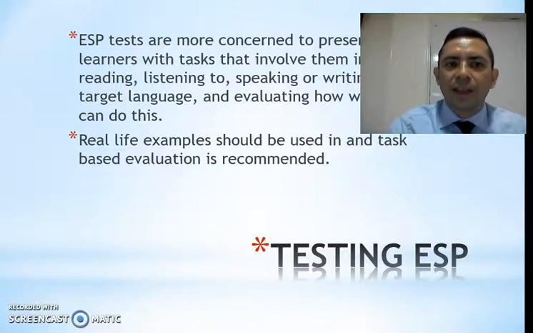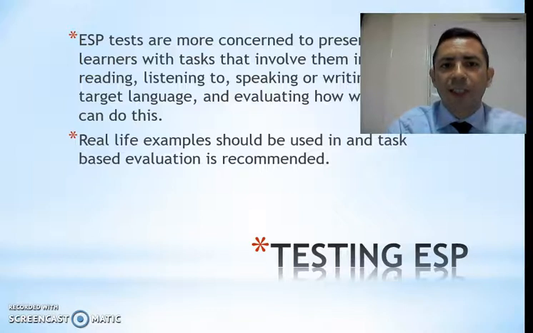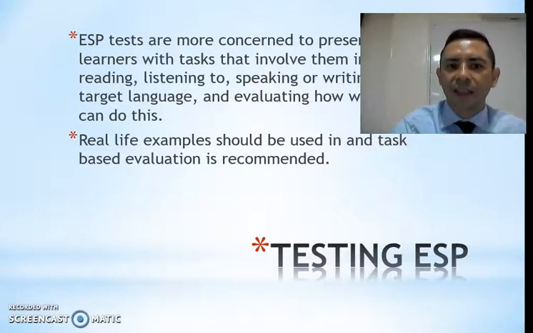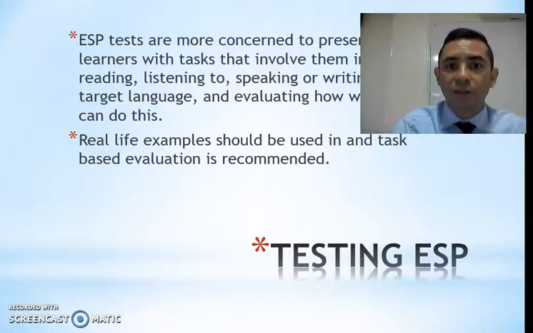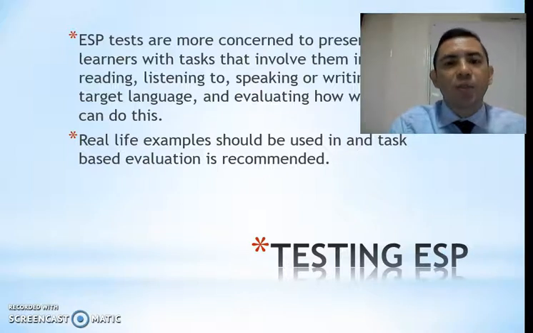That's why English for specific purposes tests are more concerned to present learners with tasks that involve them in reading, listening, speaking, writing the target language, and evaluating how well they can do this, once again, in real-life content. Real-life examples should be used, and task-based evaluation is recommended for English for specific purposes. Basically, just put the students to do what they will do in real life, real examples.